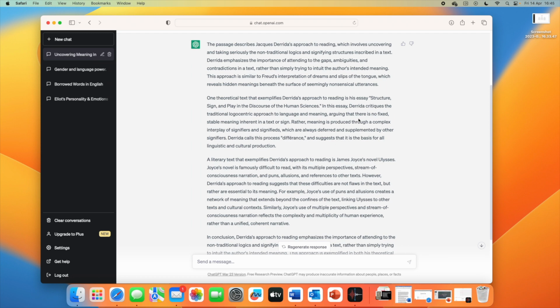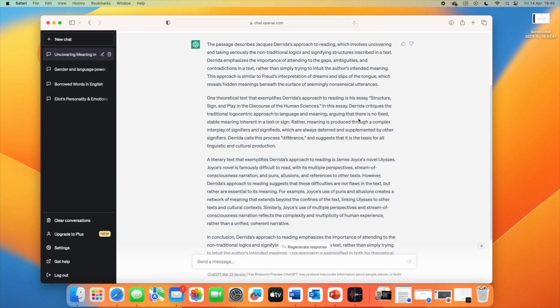Okay, so now not only do I have an idea of what the prompt is directing me to answer in the question, but I have an idea of a literary text that I have either already read or I haven't read, and I could possibly go in and dive deeper into it. A literary text that exemplifies Derrida's approach to reading is James Joyce's novel Ulysses.